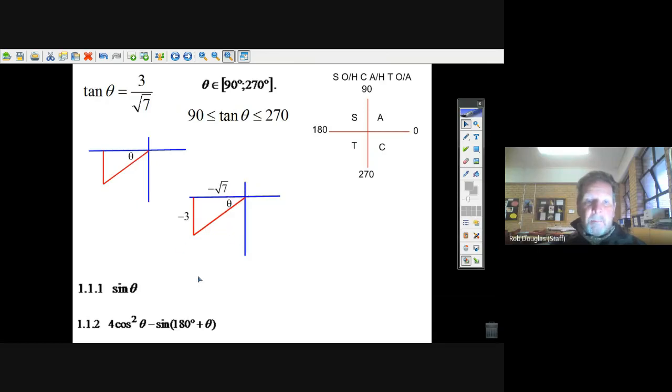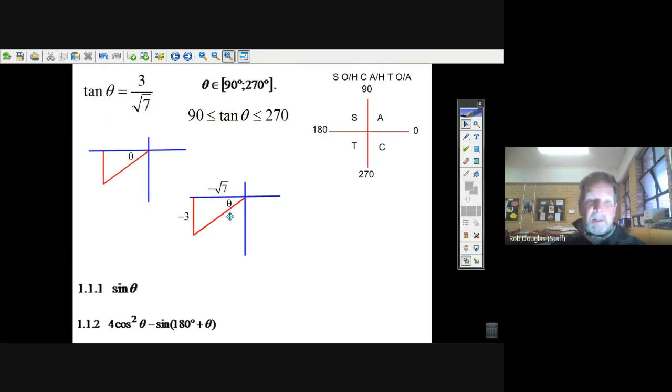We know that it's 3 over root 7, so it's opposite over adjacent. But I've gone to the left, so the adjacent must be negative root 7, and I've gone down, so the opposite must be minus 3. But two negatives make a positive. Okay, well, there's the picture.